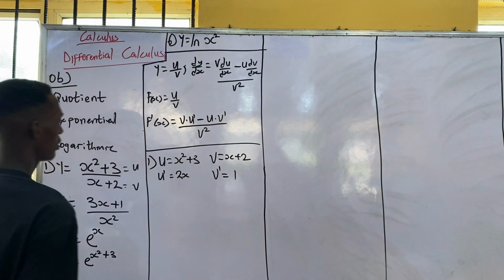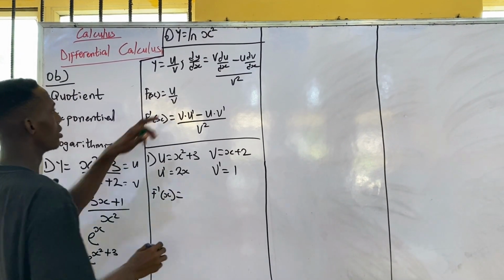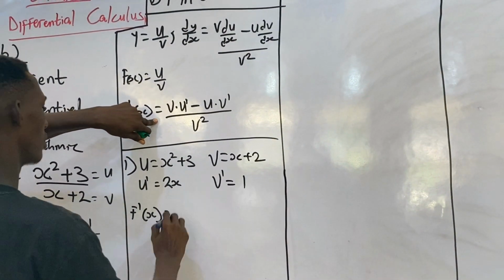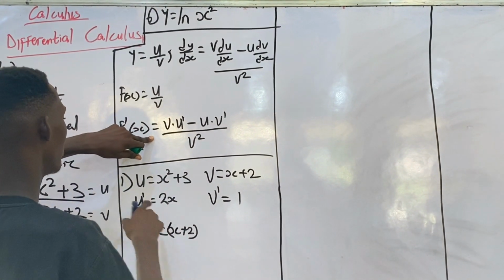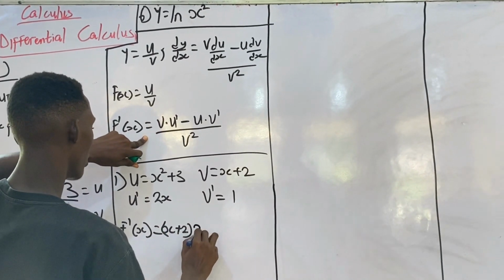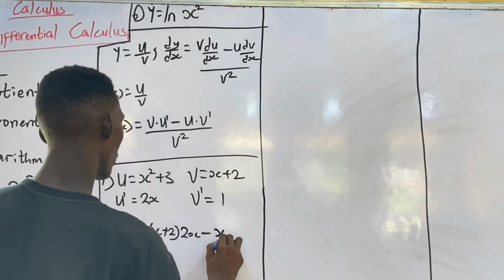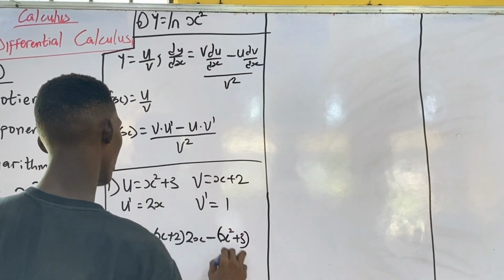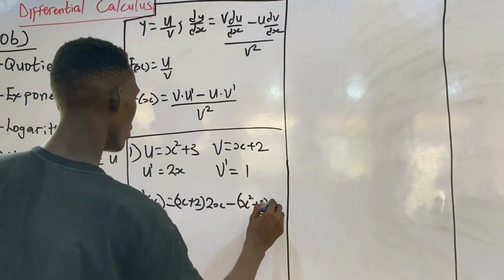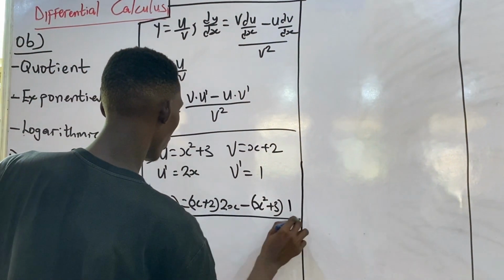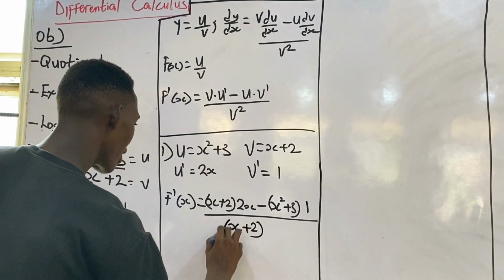Therefore, our derivative of this is v, which is (x plus 2), times the derivative of u, 2x, minus u, which is (x squared plus 3), times the derivative of v, 1, all over v squared, that is (x plus 2) squared.